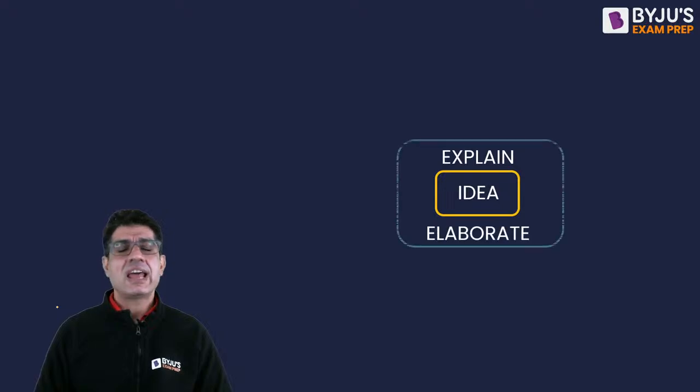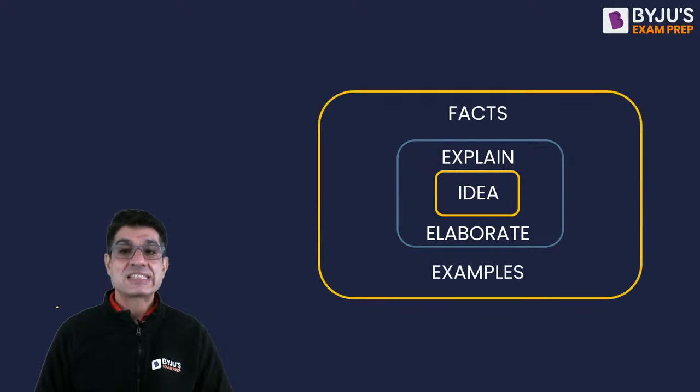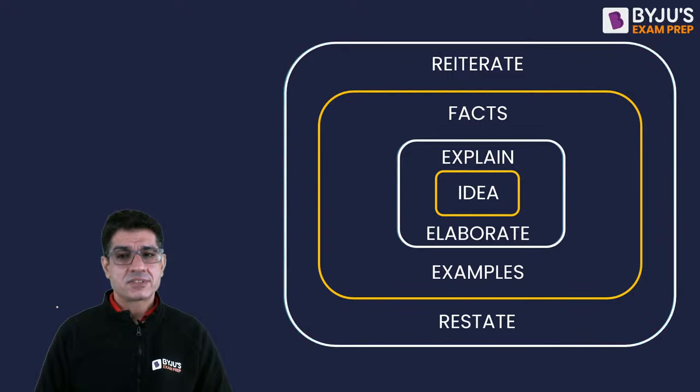Explanations, elaborations. We can also add facts, examples, statistics. We can go ahead and offer a reiteration or a restatement. So all of this is done in order to ensure that that idea reaches you safely.